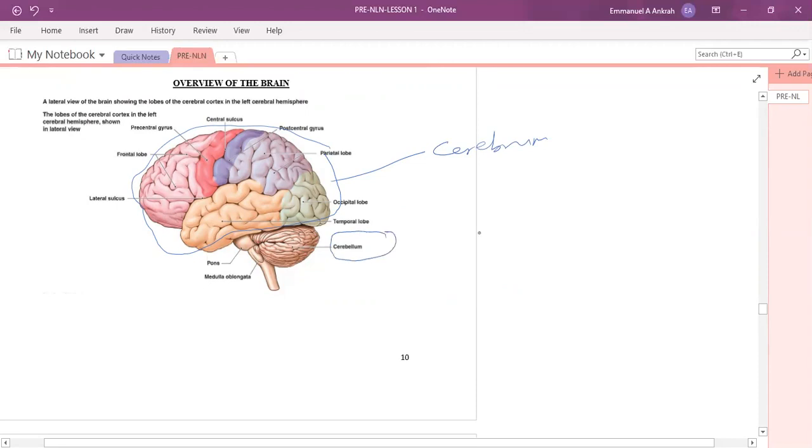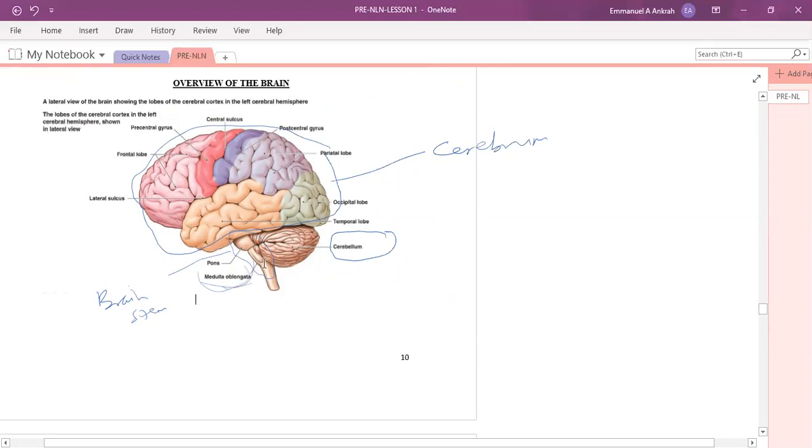Then we have the brainstem, which is here. We're going to talk about the functions quickly. So the brainstem is made up of the pons, medulla oblongata, and so on.